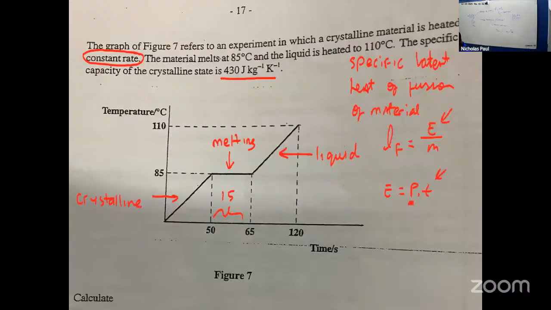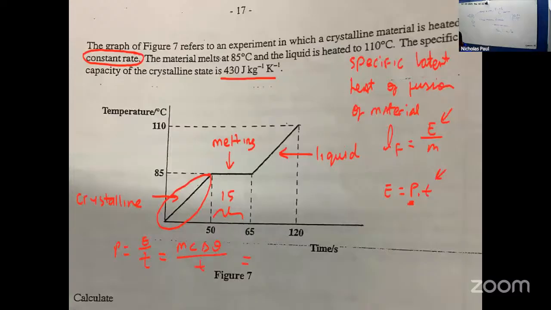So what about trying to figure out the power being delivered here? Power is energy divided by time. What's the energy being delivered there? That's a temperature change, so the energy formula is M C delta theta, all over T. Do we know M?